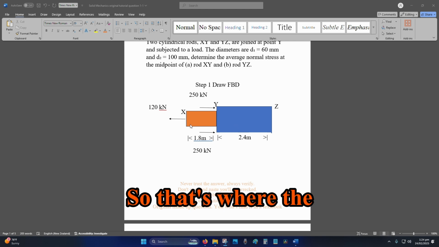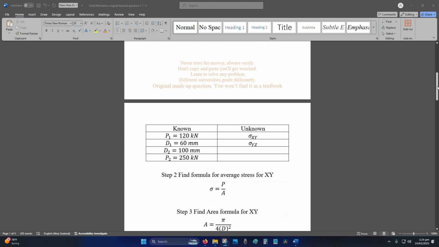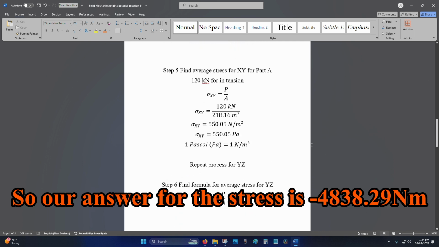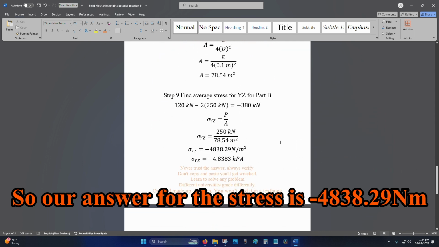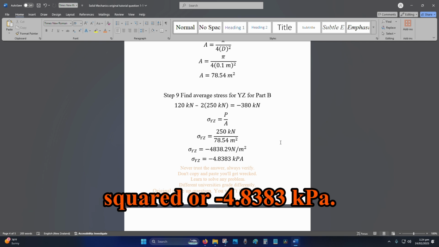Okay, so that's where the pressures are coming from. So our answer for the stress is minus 4,838.29 Newton meters squared, or minus 4.8383 kPa.